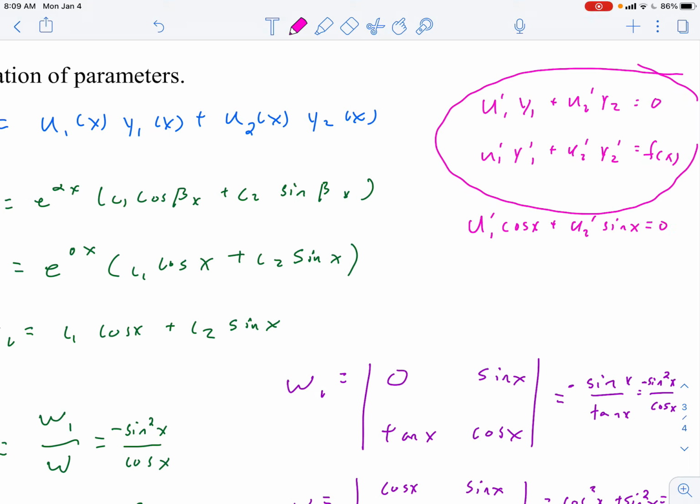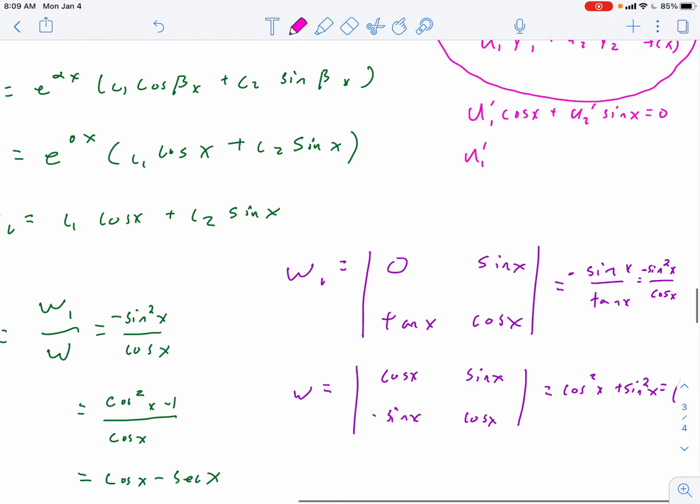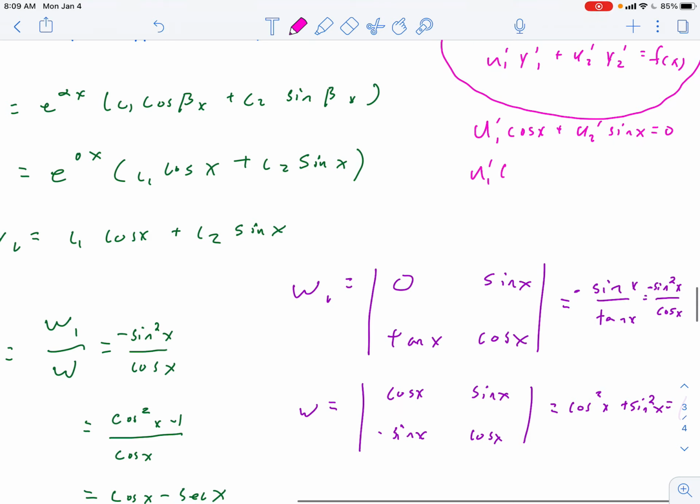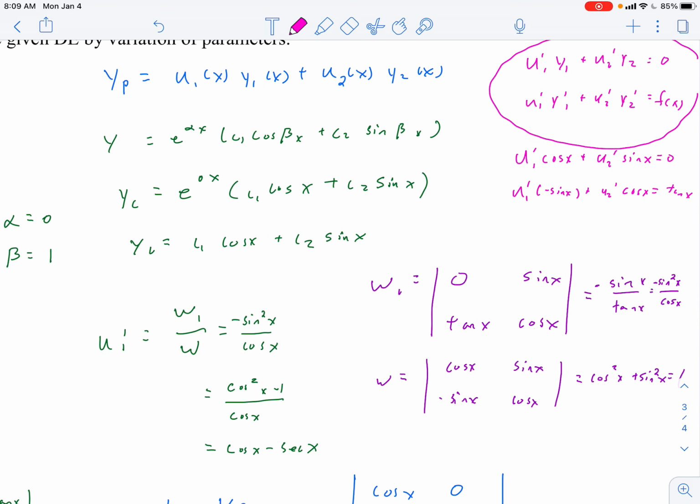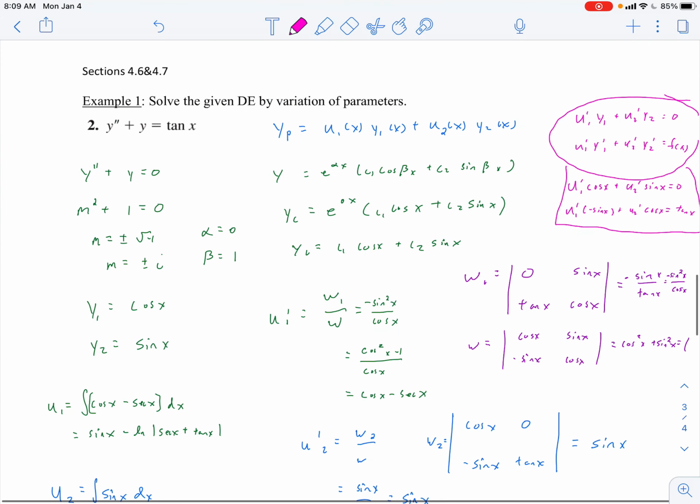Then u sub 1 prime times the derivative of cosine, negative sine, plus u sub 2 prime times cosine x equals tangent x. Just in case you're ever worried about where we get our numbers for the Wronskian, it's right here. Now we're going to use the Wronskian.